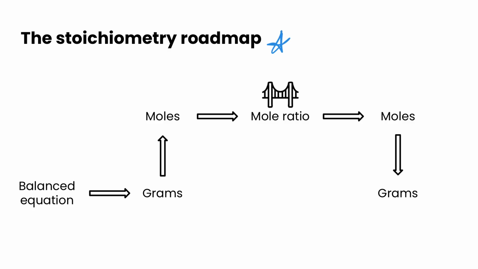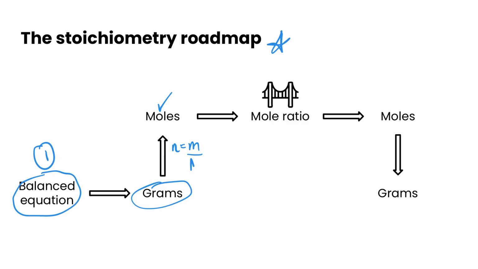The first thing that we need in terms of stoichiometry is a balanced chemical equation because everything hinges off of that. Once we've got that, in grams to grams stoichiometry, our problem is going to give us a known value in grams. We need to convert that into moles using moles is mass divided by molar mass.